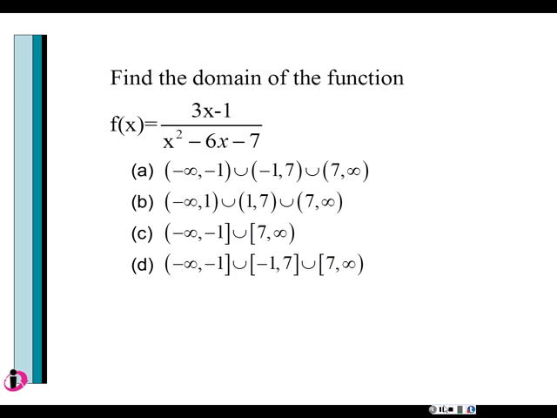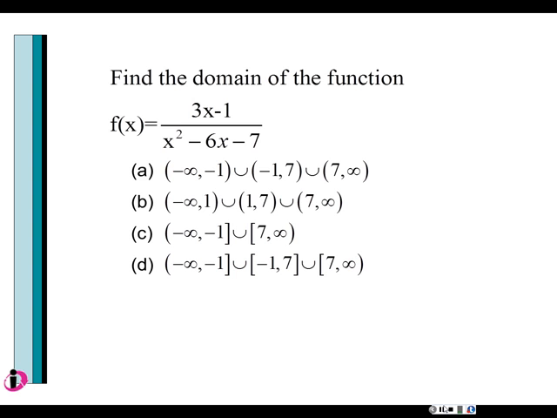So we have 6 here plus minus square root of 36 plus 28, divided by 2. Again 6 plus minus square root of 64 over 2, and then 6 plus minus 8, right?